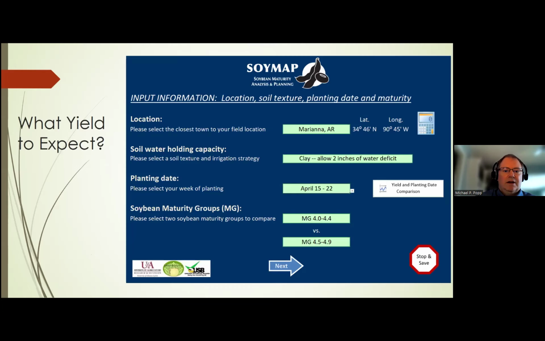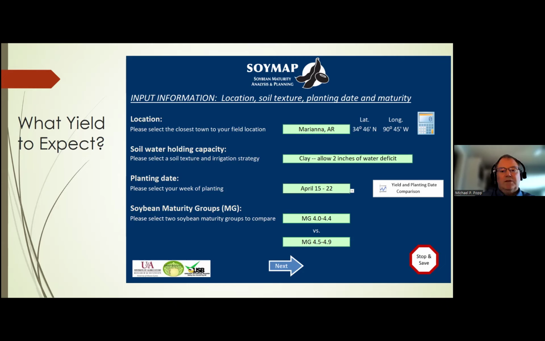That's kind of nice, but at the same time, you have to come up with some kind of yield expectation. The yield expectation that we use is, if everything is right, the maximum yield potential of the field. To that end, there's a tool on my website called Soy Map, and you can put in a different location.